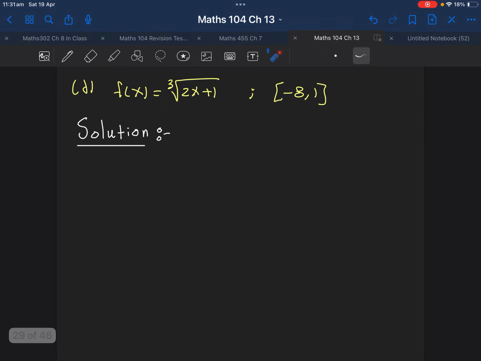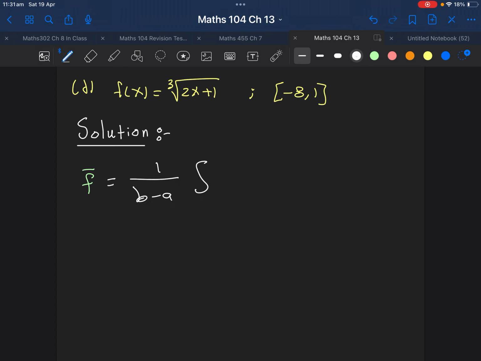Question D. Again, we need to find the average value. So it would be 1 over b minus a, integral from a to b of f of x dx, which is 1 minus negative 8.